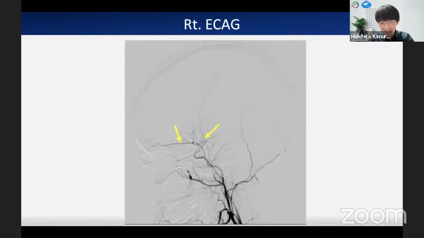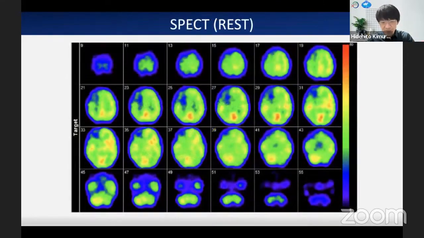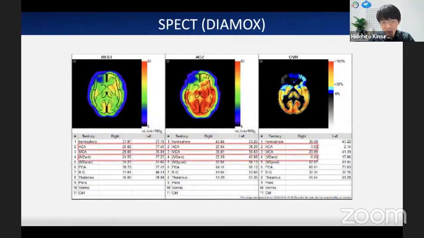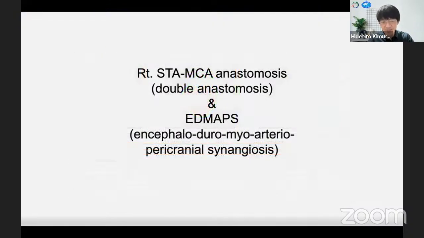And this is the ECG; you can identify that both STAs are available for this surgery. The SPECT study demonstrated the right side is more severely disturbed, so I chose to perform the right side surgery first.